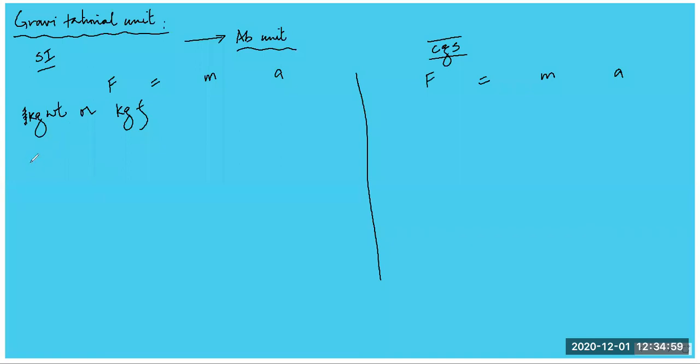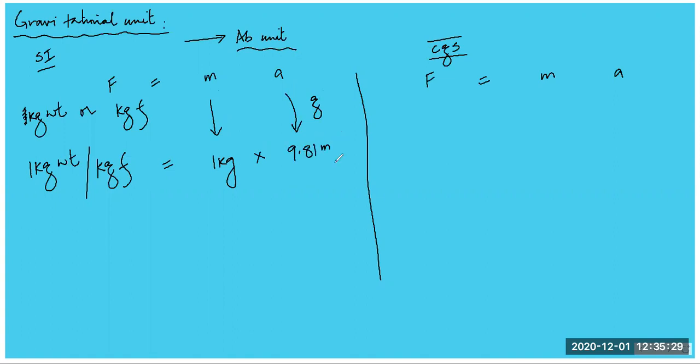A force is said to be 1 kilogram weight or 1 kilogram force if, when applied on a mass of 1 kg, it gives an acceleration equal to g, acceleration due to gravity. How much is that? 9.81 meter per second square. All right.